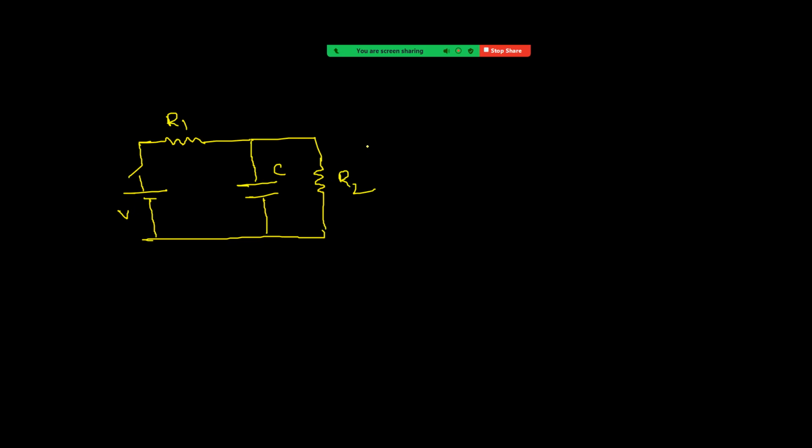Given expression is Q equal to Q naught into 1 minus e power minus alpha t. Okay. Just compare this with our standard form. In the place of Q naught, it is the maximum charge, into 1 minus e power minus t by tau.